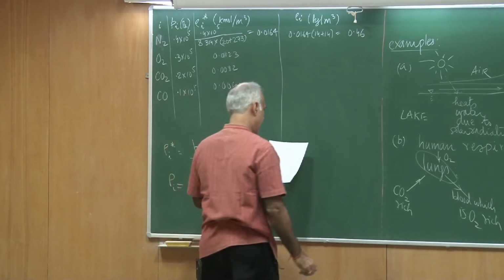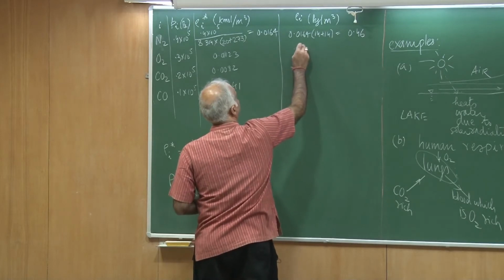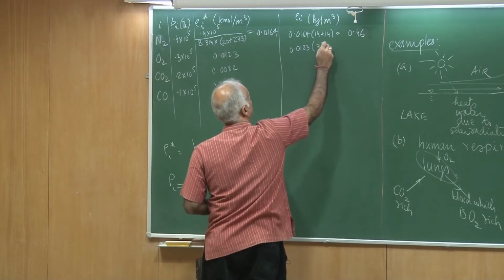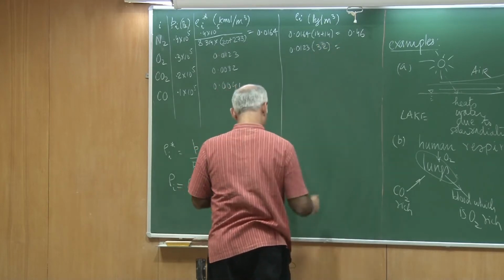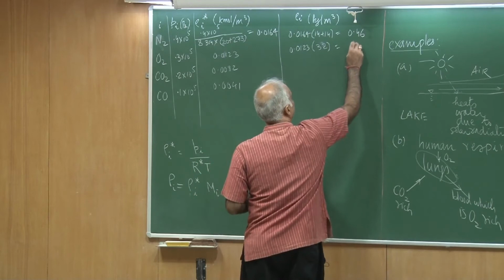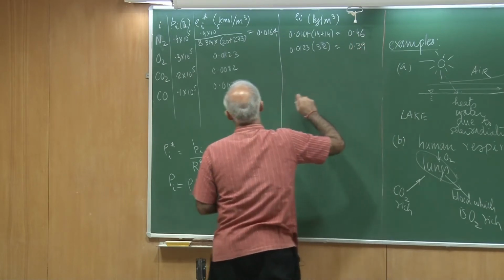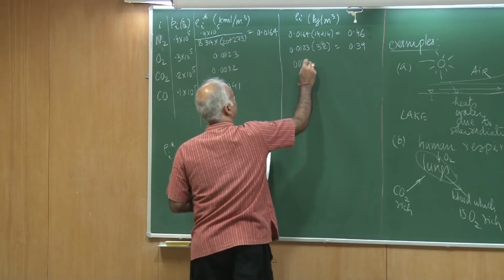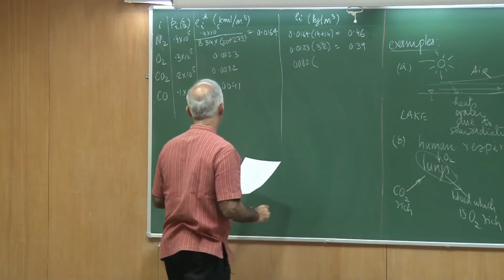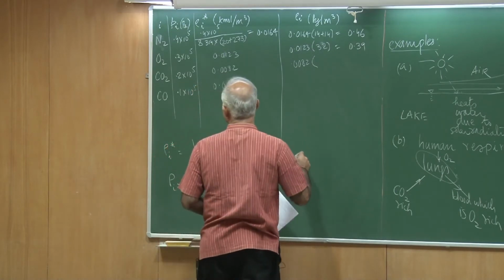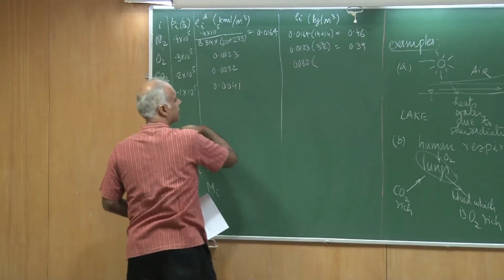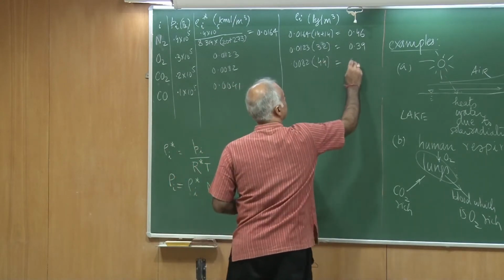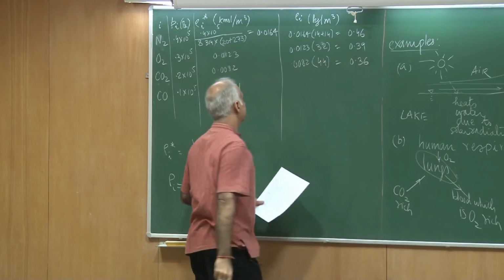Likewise for oxygen, I would get it as 0.0123 times 32, and this would turn out to be 0.39. For carbon dioxide, I would have to multiply 0.0082 with the molecular weight of carbon dioxide, which is 32 plus 12, so that is 44, and this would turn out to be 0.36.